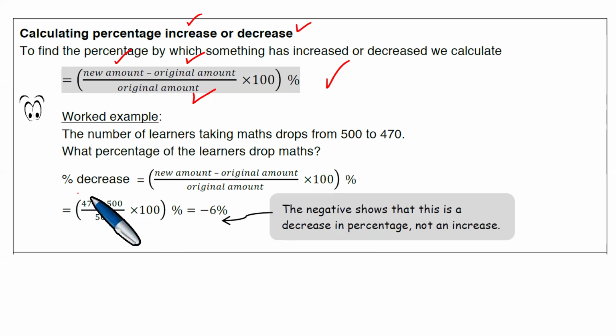So the percentage decrease uses the new amount of 470 minus the original amount of 500, divided by the original amount of 500. You multiply by 100, so that you have a negative. The negative shows that this is a decrease in percentage. So it is a percentage decrease.